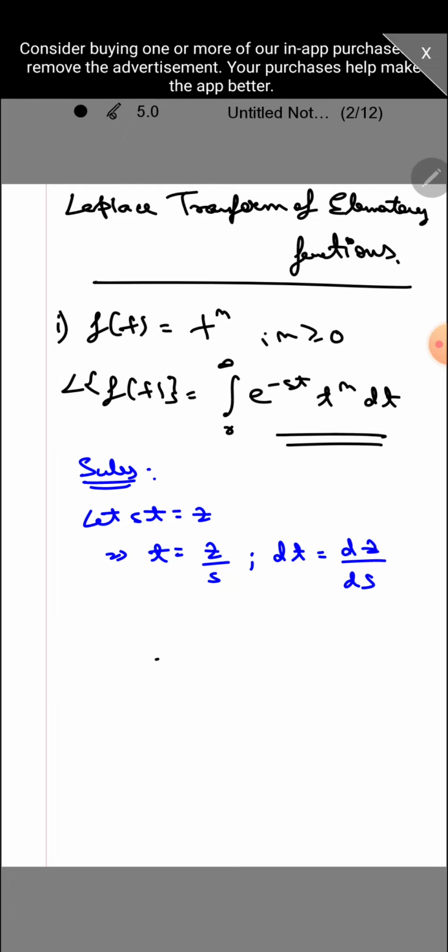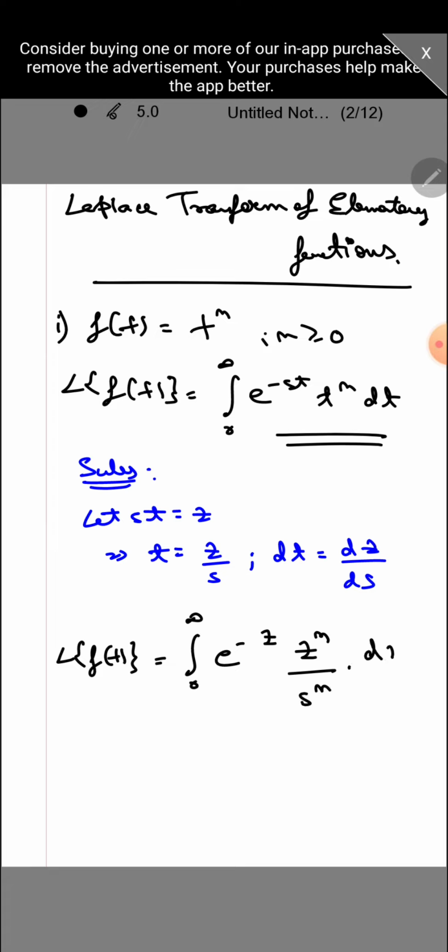So this becomes integration 0 to infinity e to the power minus z, and this becomes z to the power n over s to the power n times dz over s, which is integration 0 to infinity e to the power minus z. Okay, here you have z to the power n, and outside you have s to the power n plus 1.